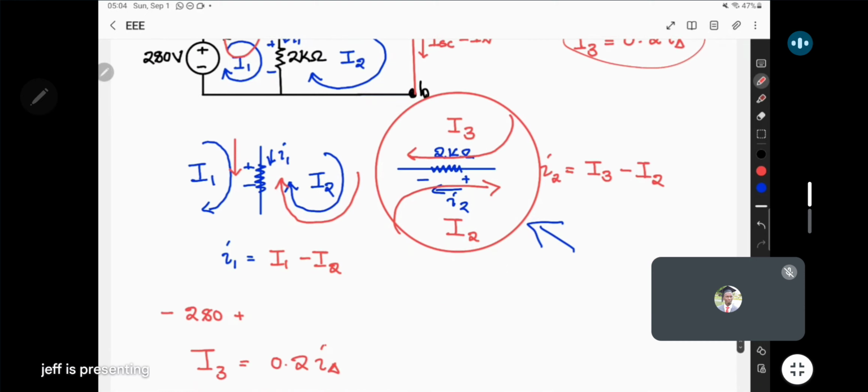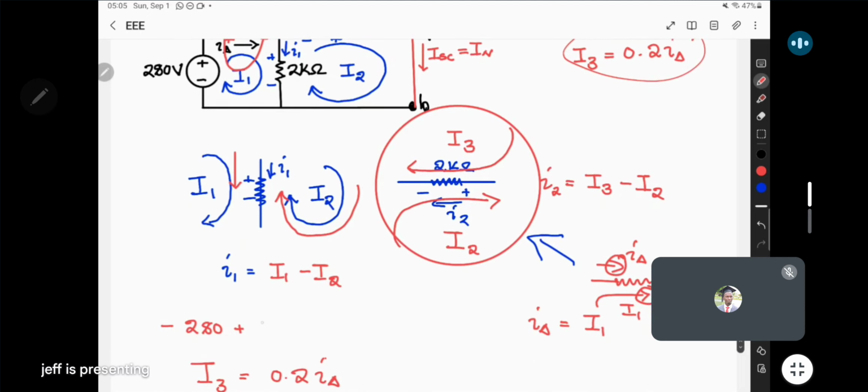So you can choose to first go with I delta times the resistance, but you'll soon see that I delta is only the same as I1. I hope you're seeing it as well, because it's that 2 kilo ohm resistor. The current passing through it is I delta, and only one mesh is passing through it, it is I1. Based on this, they are in the same direction, so they'll be equal.